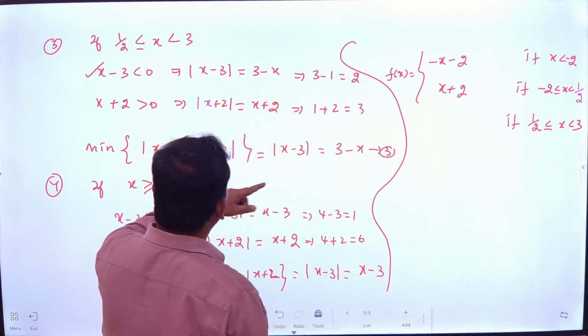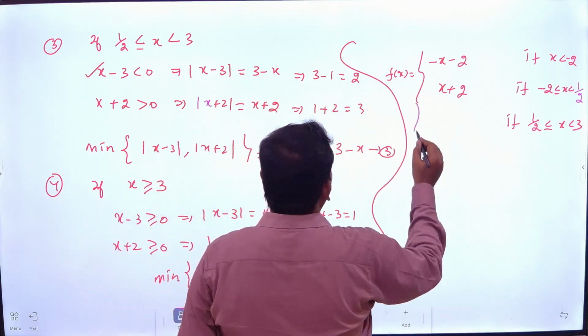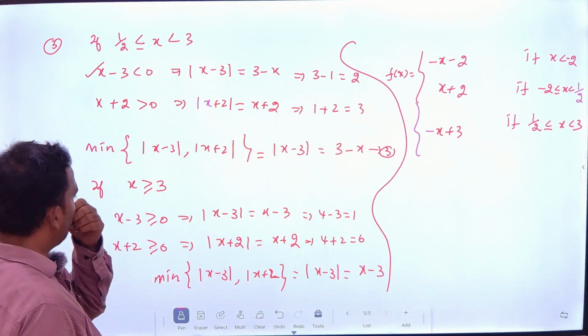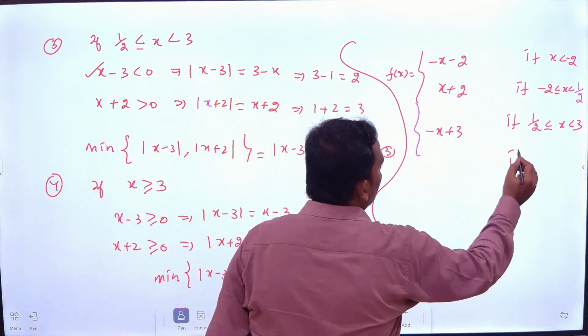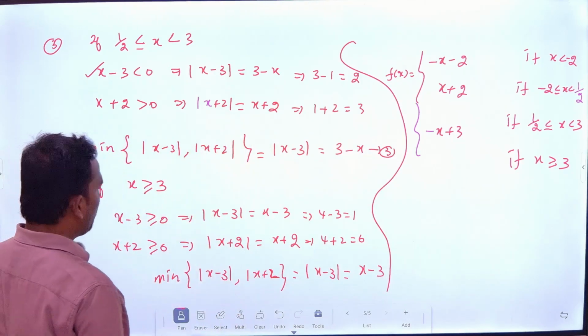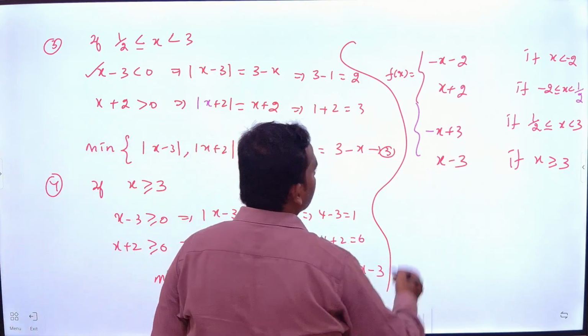In this interval, which is the minimum? Minus x plus 3. That's the third one. Fourth one, if x is greater than or equal to 3, which is the minimum here? X minus 3. Yes, x minus 3.